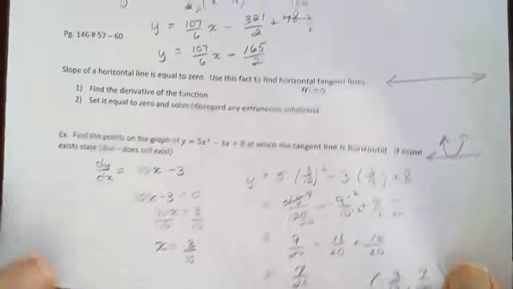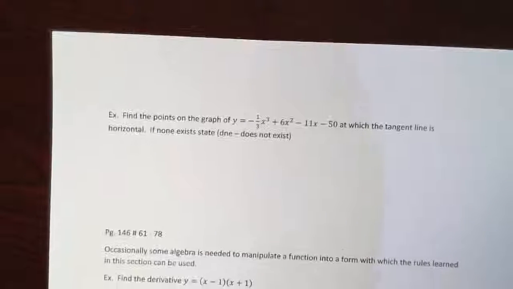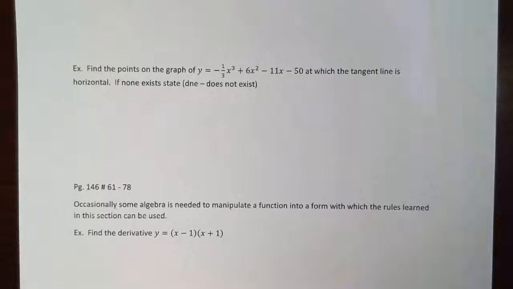Here's another one. Find the points on the graph of y is equal to negative 1/3 x cubed plus 6x squared minus 11x minus 50, at which the tangent line is horizontal. If none exists, state does not exist.